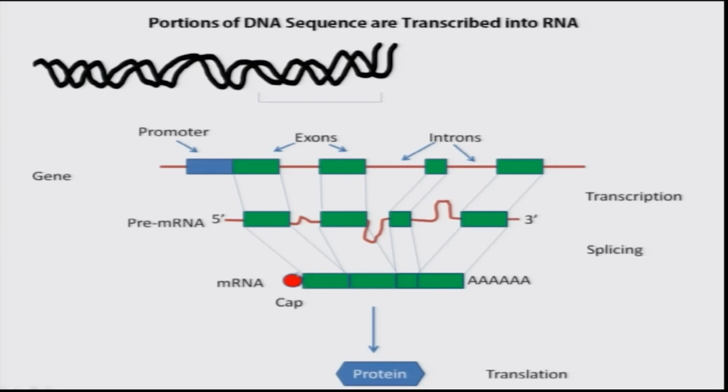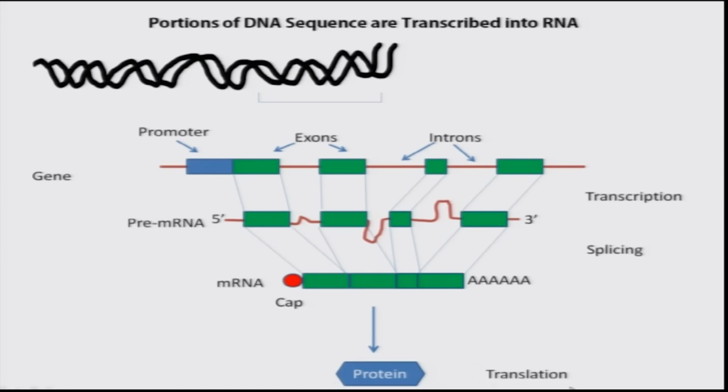There is a cap modification that takes place at the 5' end of the RNA, and then a poly A sequence is added at the 3' end of the RNA, and this RNA gets to the cytoplasm, where the information is processed, and then you form what is known as protein via the process of translation.